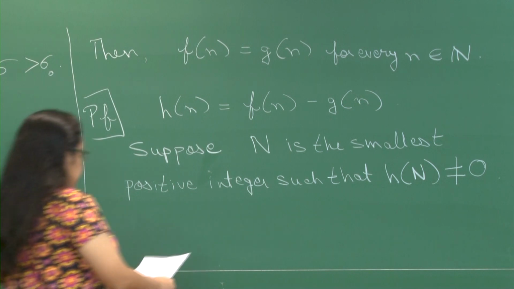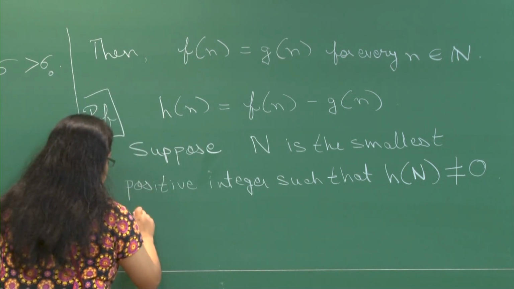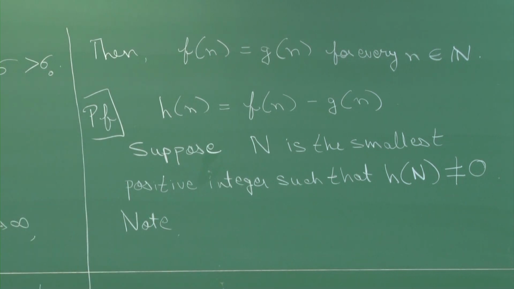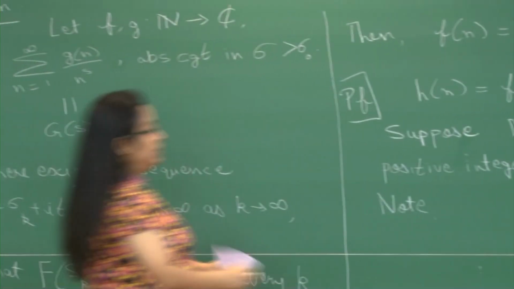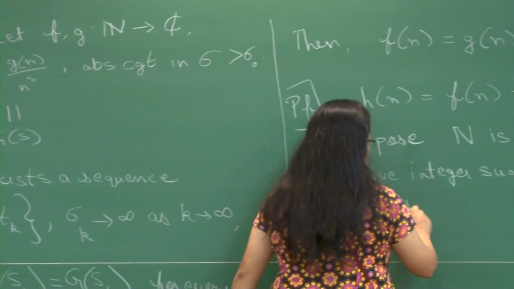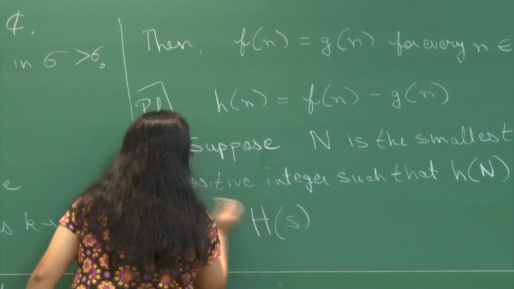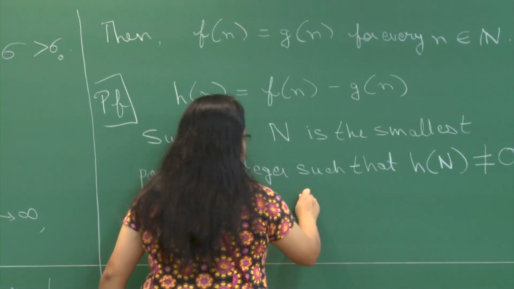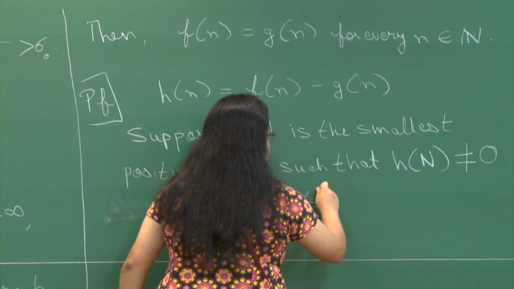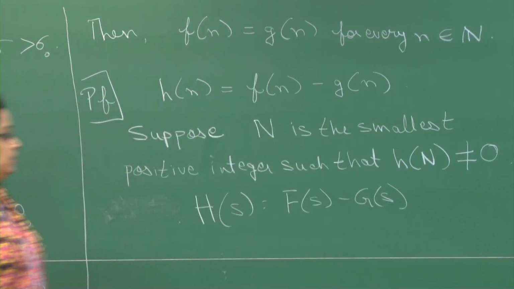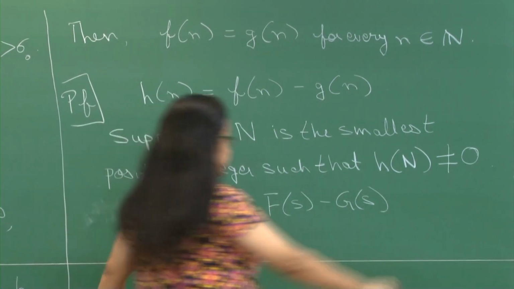So, now what we do is note from the hypothesis of the theorem, define capital H of s to be equal to capital F of s minus capital G of s in the region of absolute convergence.